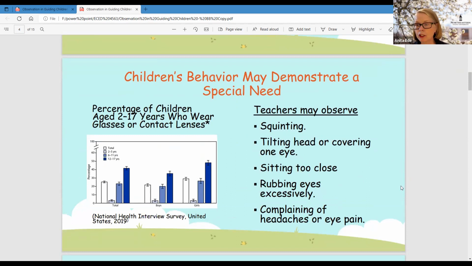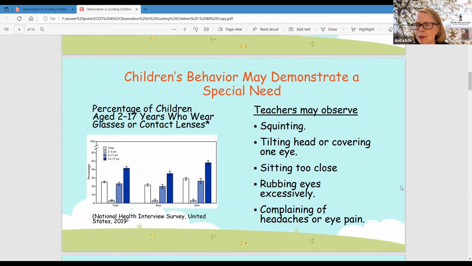You may notice that children have a special need for visual care, glasses perhaps. I can't tell you how many times I had kids in my first grade classroom that were squinting. I'd have something written on the board for them to copy down, and they had to literally walk up to the board and copy it down.